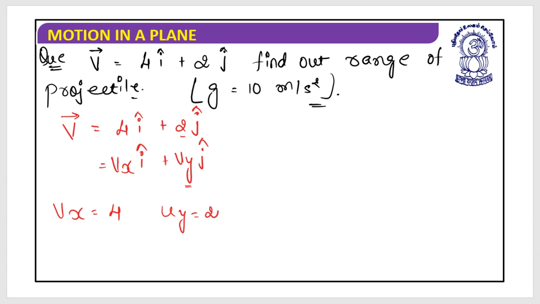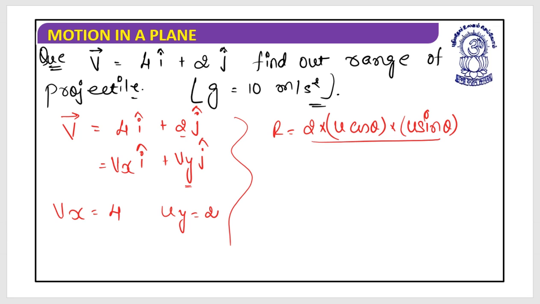Now what is range? Range is equal to 2 into u cos theta into u sin theta divided by g. It is the same thing as u square into 2 sin theta cos theta by g. So I can write it as 2 into ux into uy divided by g.